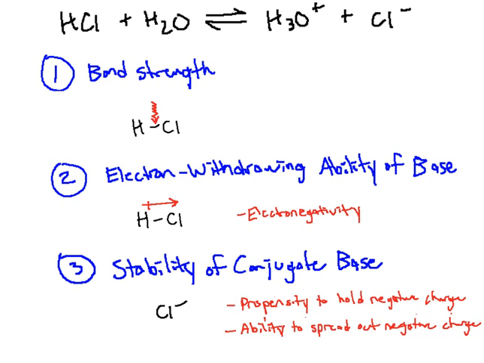In the case of Cl, we know that it makes a good conjugate base, one that's very stable on its own, because we know that Cl- would be something common to see in solution. After chlorine gains an additional electron, it has a filled outer shell and ends up being much lower in energy.